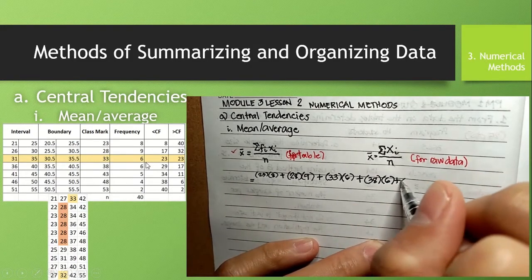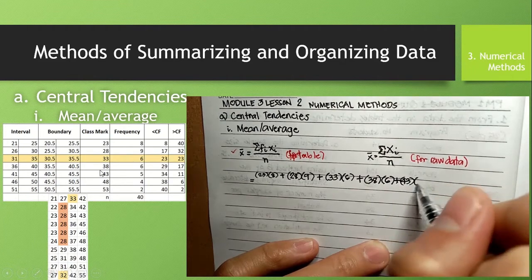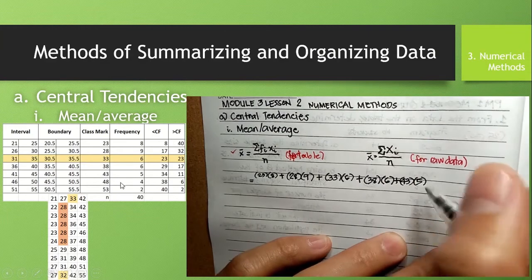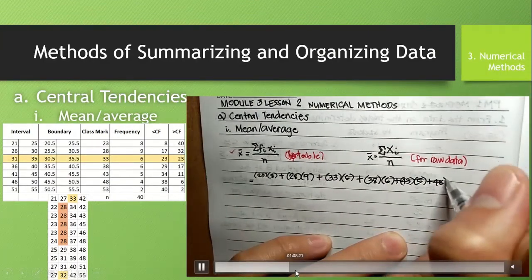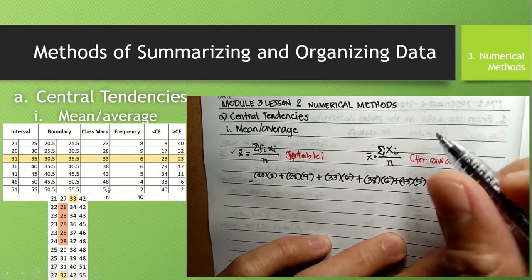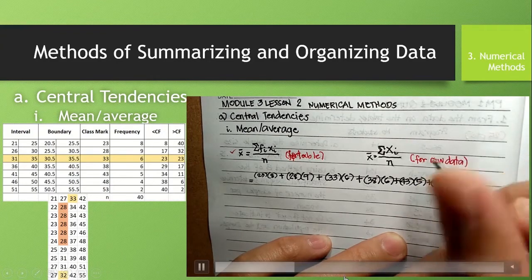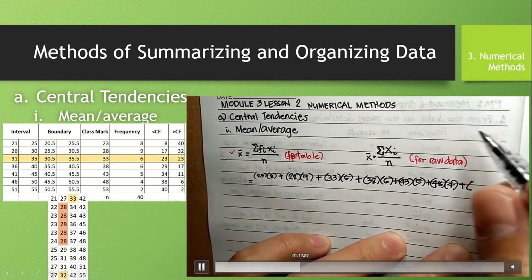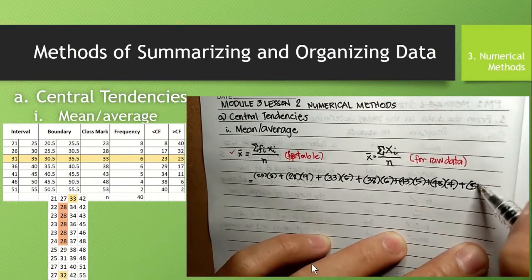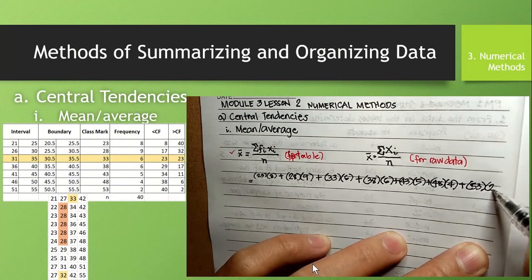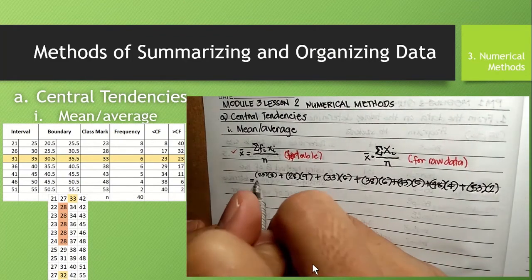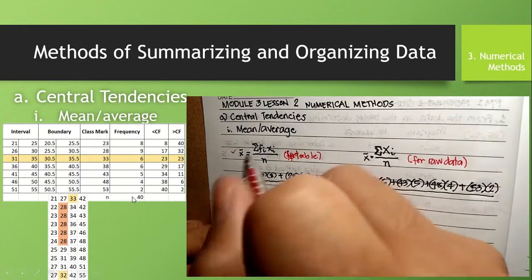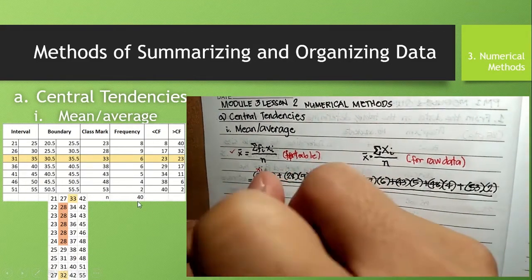So that's plus 33 times 6 plus 38 times 6 plus 43 times 5 plus 48 times 4 and 53 times 2. Then you have to divide it by the n, or the sample size. For our case, our sample size is equal to 40.